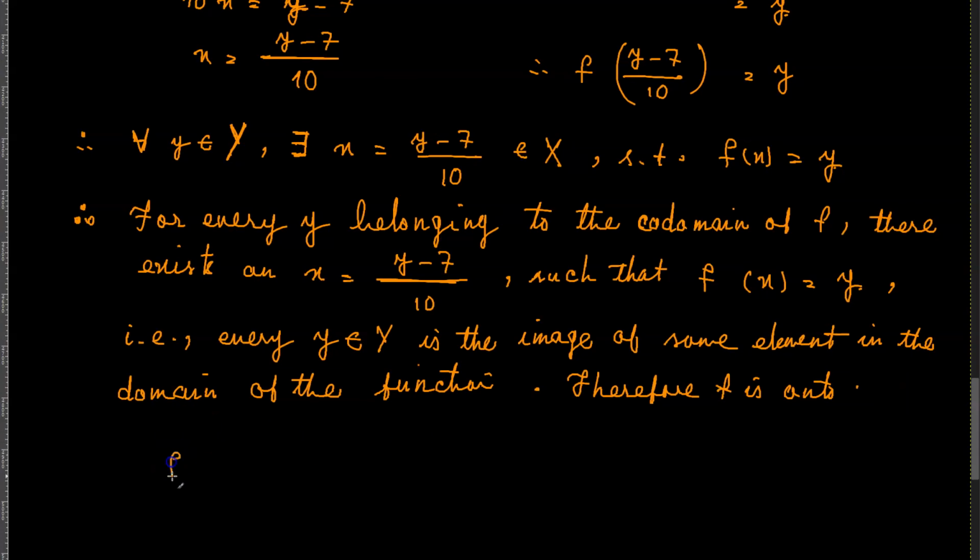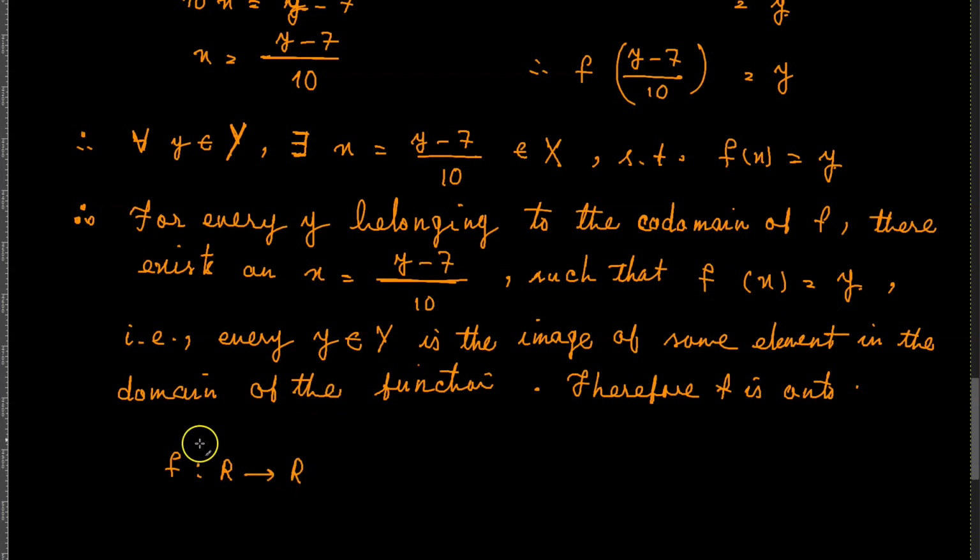So for every y that belongs to this set, which is your codomain, there exists some y minus 7 divided by 10 that belongs to this set, and then you can use that element as a pre-image to get to the other element in this set.